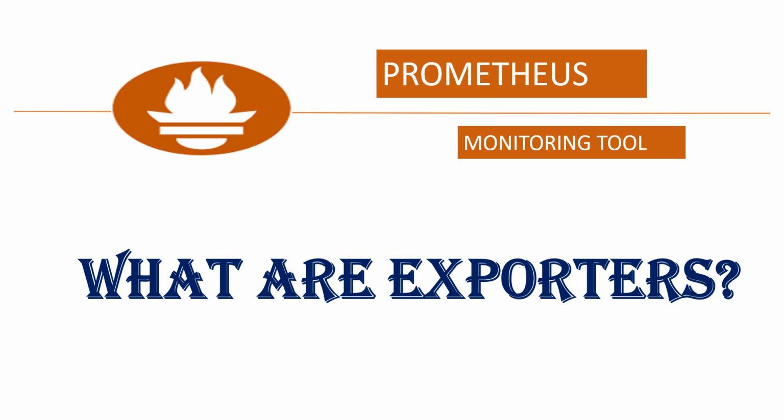It is useful for cases where it is not feasible to instrument a given system with Prometheus metrics directly, for example Linux system state and many more. So let's talk about that in more detail.